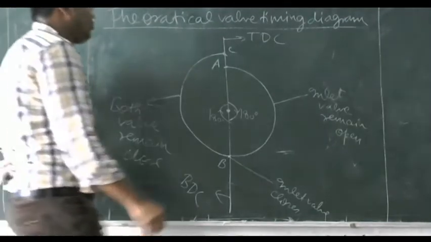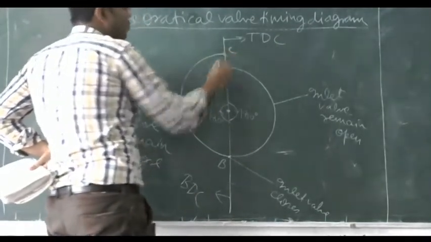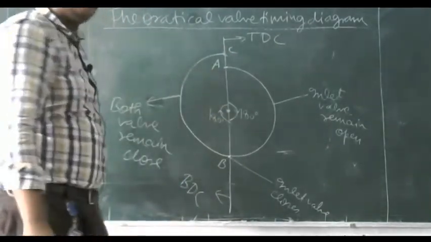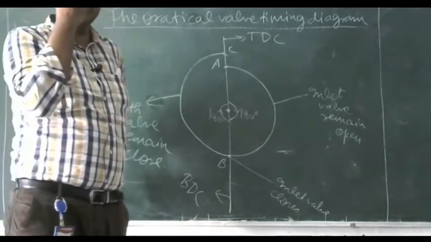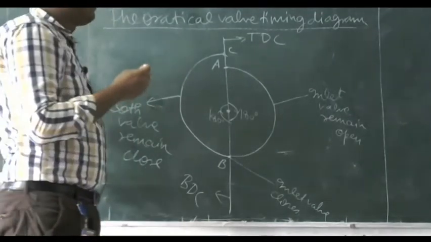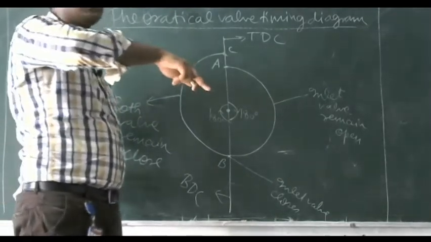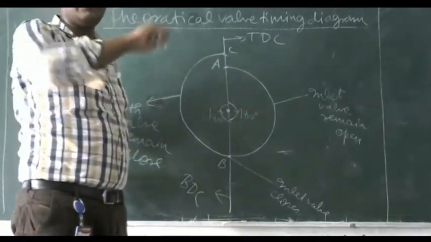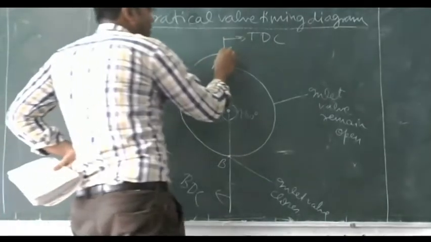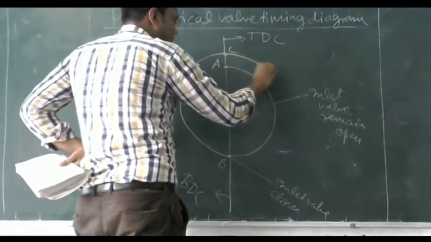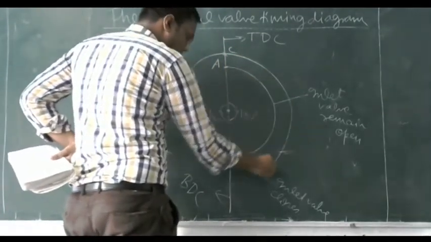Now, here at point C, heat addition takes place, combustion takes place, and after combustion, the expansion stroke takes place. During the expansion stroke, the crankshaft revolves by half revolution.